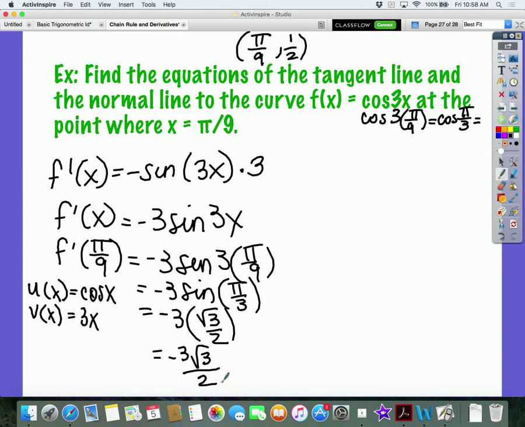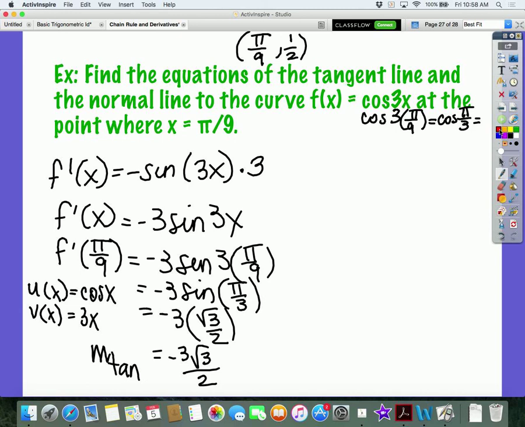So you plug in pi over 9, and you simplify using your unit circle to get root 3 over 2. And this negative 3 square root of 3 over 2 is the slope of your what? Tangent.